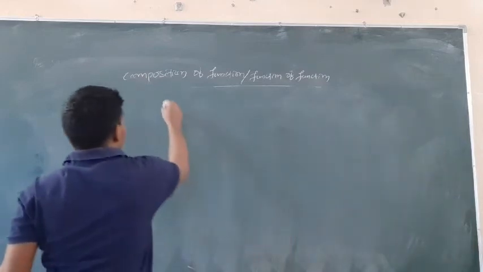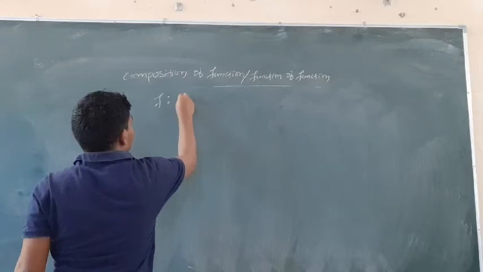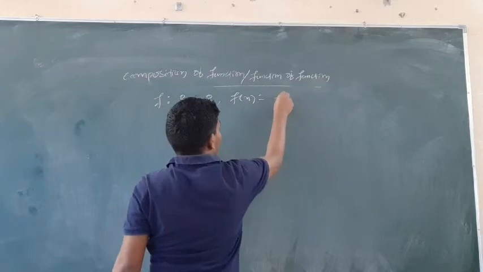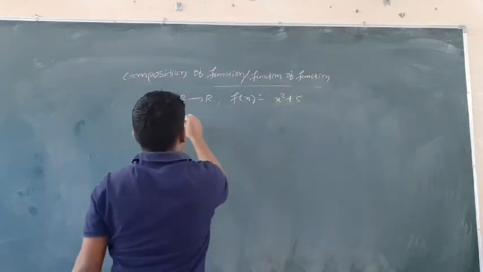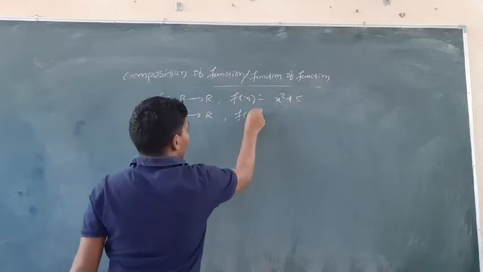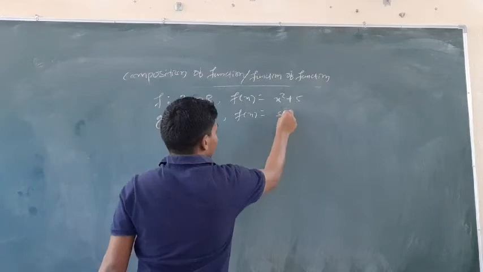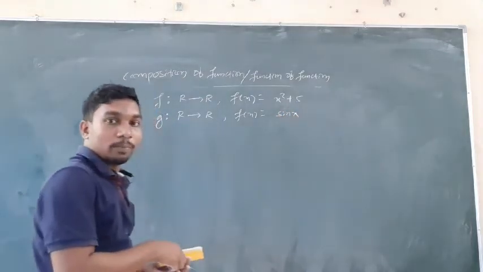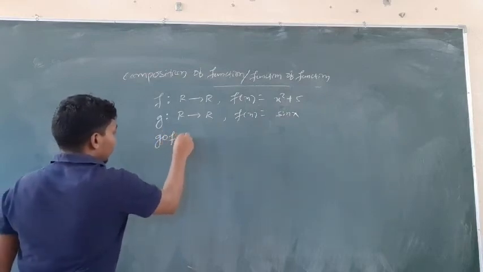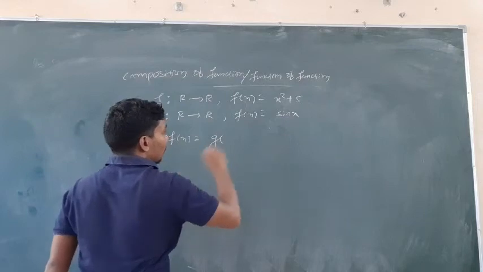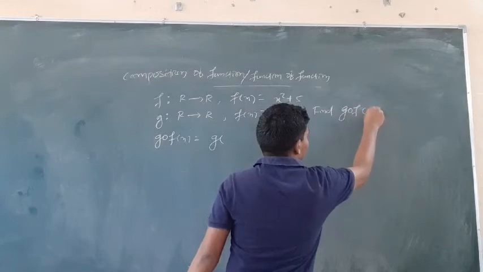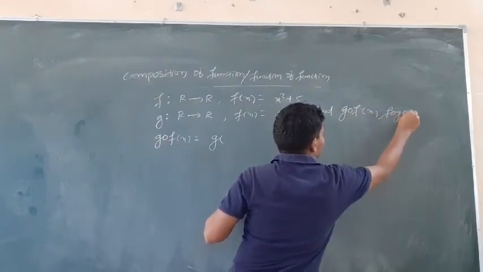Suppose f is a function from R to R defined by f of x is equal to x square plus 5, and g is also a function from R to R defined by g of x is equal to sin x. We have to find out graph and fog.